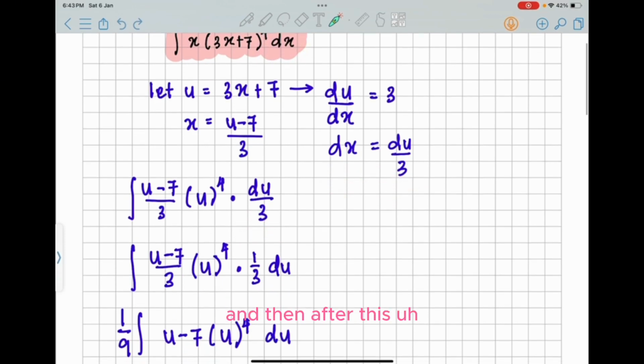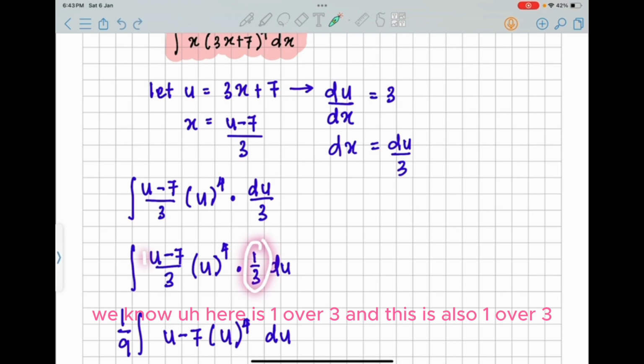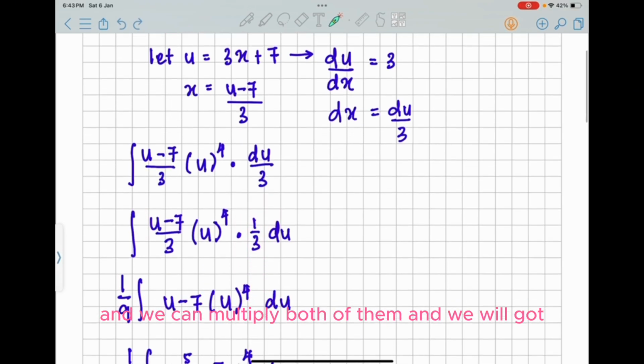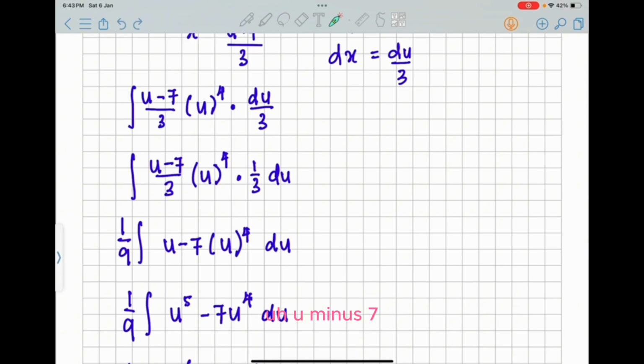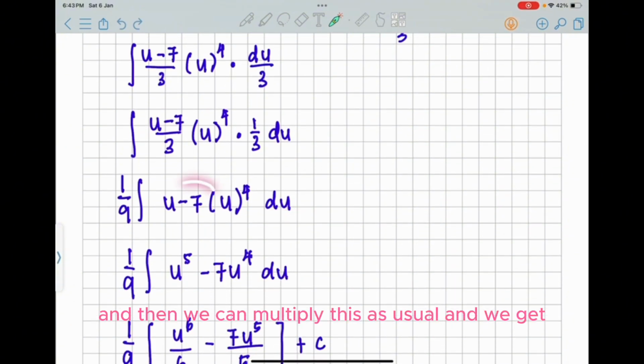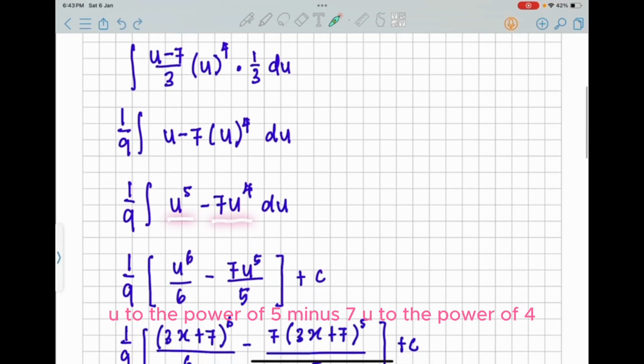Then we know here is 1 over 3 and this is also 1 over 3, and we can multiply both of them and we get 1 over 9, and what is left is u minus 7 times u to the power of 4 du. We multiply this as usual and we get u to the power of 5 minus 7u to the power of 4.